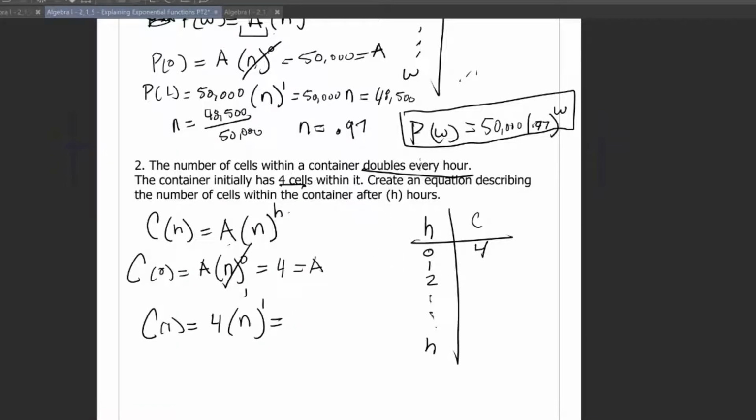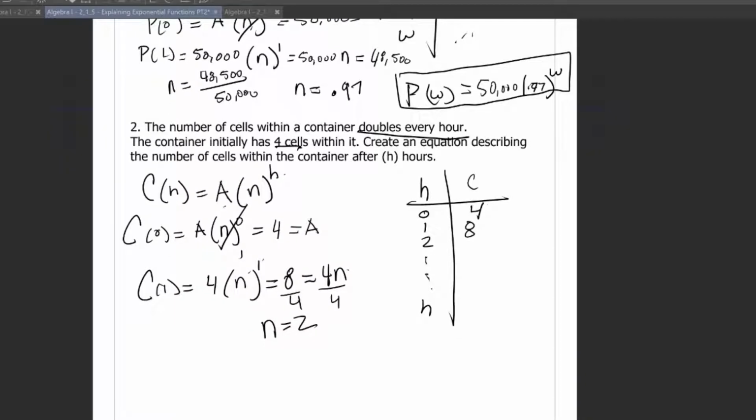We know the container doubles every hour, so 4 doubled is 8. n to the 1 is n, so 8 equals 4n. Divided by 4, n equals 2. So solving for this equation, C of h equals 4 times 2 to the h, okay?